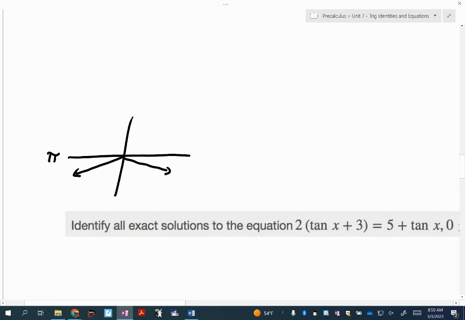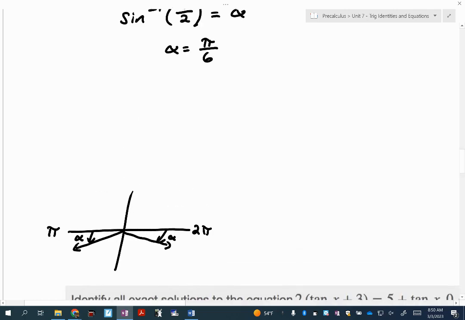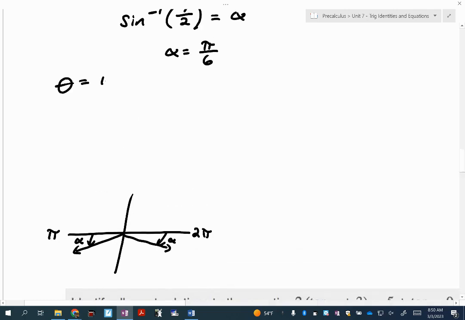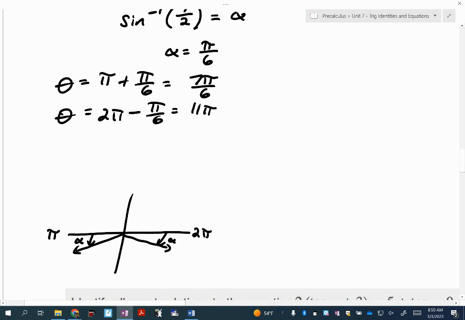So it's exactly the same as what we just did. We're going to add the reference angle to pi, and we're going to subtract the reference angle from 2 pi. That gives me two of my solutions, pi plus pi over 6 and 2 pi minus pi over 6. So we get the same ones we just got, 7 pi over 6 and 11 pi over 6.